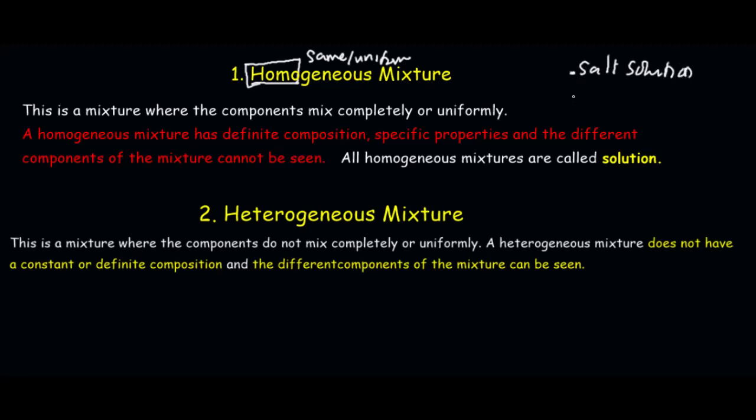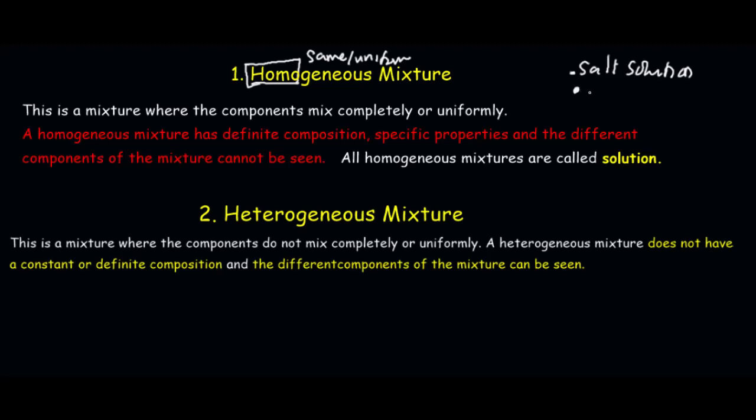It's a homogeneous mixture. Why is it a homogeneous mixture? It is because there is a uniform mixture. Now, if you add salt to water, it gets to a point where you can't identify the salt. You would think that it is just water. All right. So one thing about a homogeneous mixture is that after the mixture, the different components of the mixture cannot be seen. It is seen as just one component.